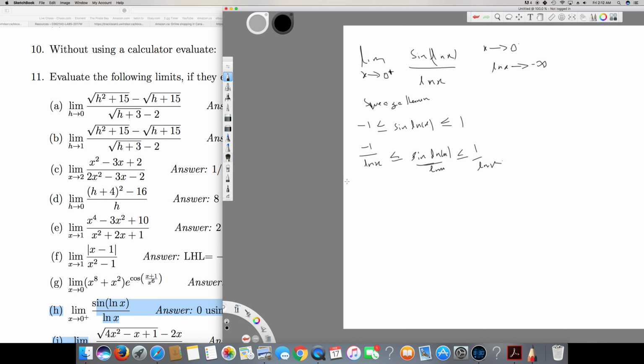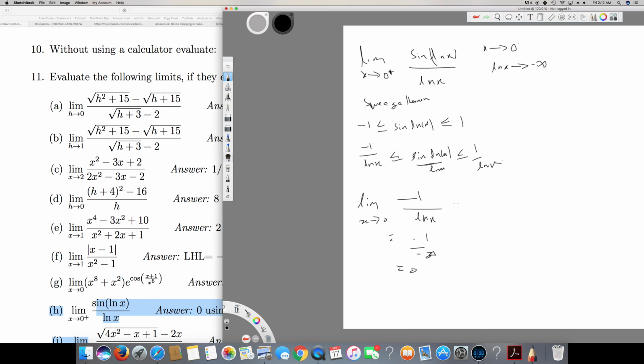So let's see the limit as x approaches 0. If I take negative 1 over ln x, as I said before, when x approaches 0, ln x approaches negative infinity. So negative 1 over negative infinity becomes 0.